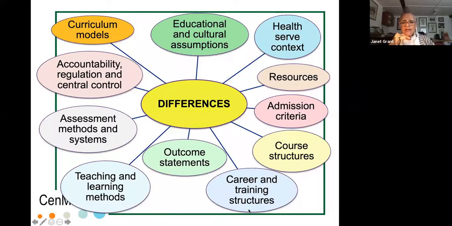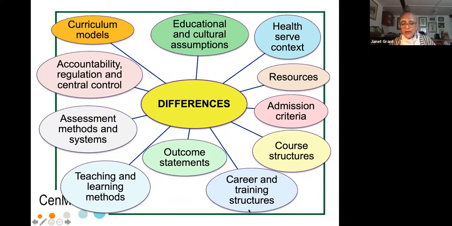And one of the things that's very often ignored is that schools differ in their educational and cultural assumptions. We certainly cannot say that educational processes and educational assumptions and cultural assumptions about relationships and roles and behavior and the way we tackle problems are the same.